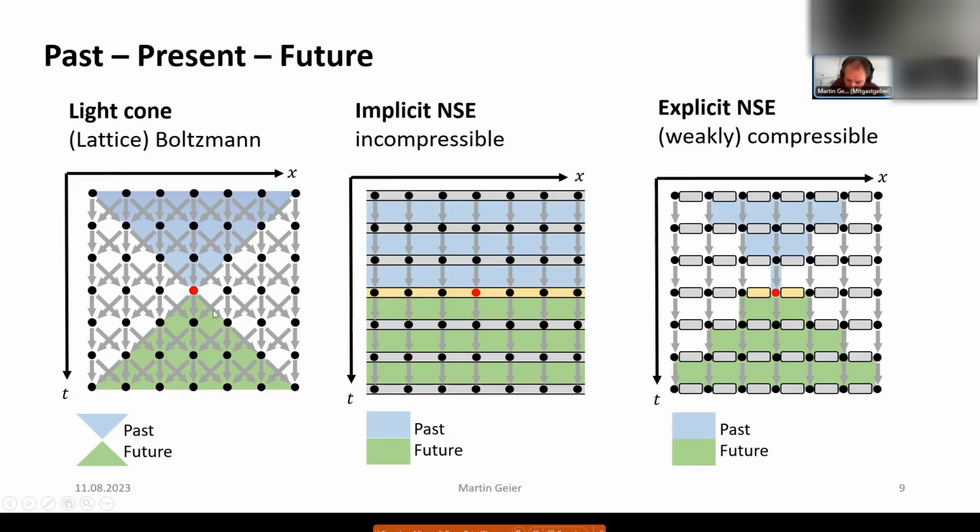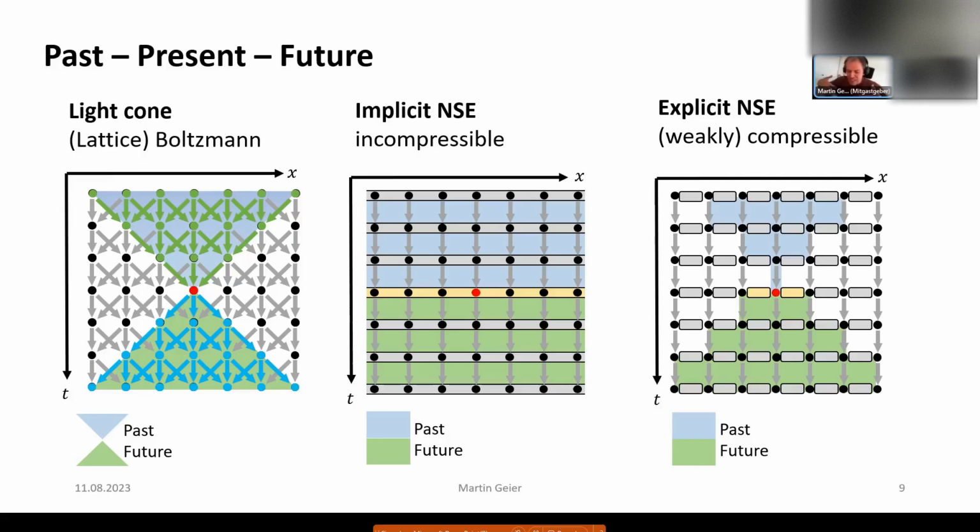So this point is only dependent on the light cone, the converging light cone in the past, and it only has an effect on the diverging light cone in the future.